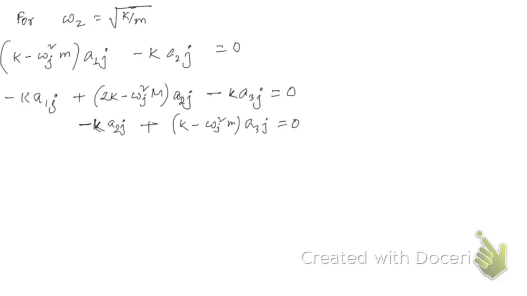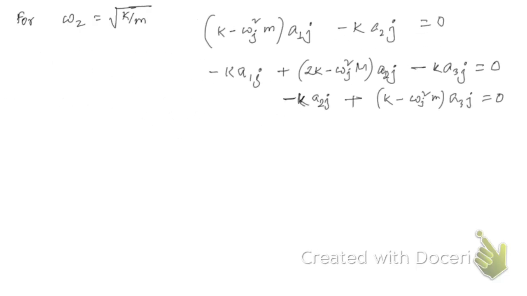So again you see, in these three equations, if we put the value of omega 2, which is nothing but omega j here, so we can replace j by 2. From this first term, k minus, instead of omega j, we write k times root over k by m whole square.